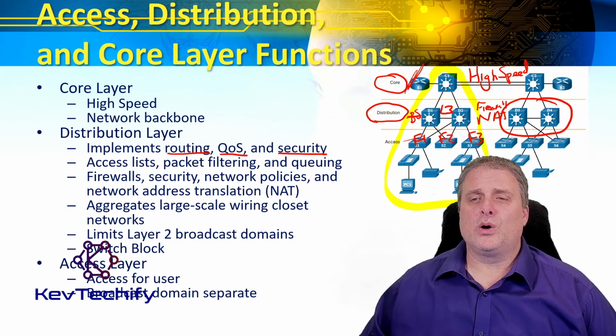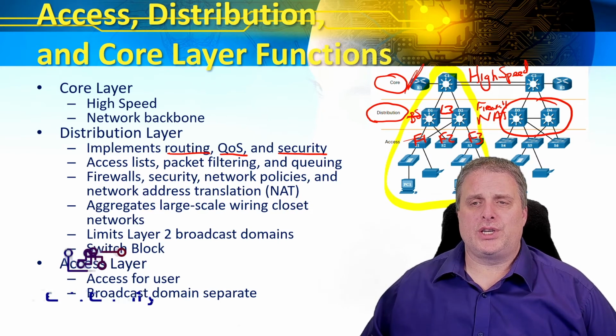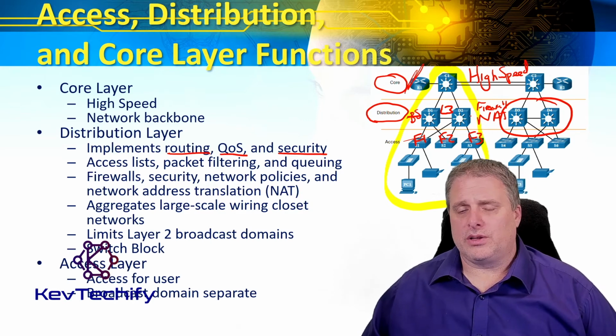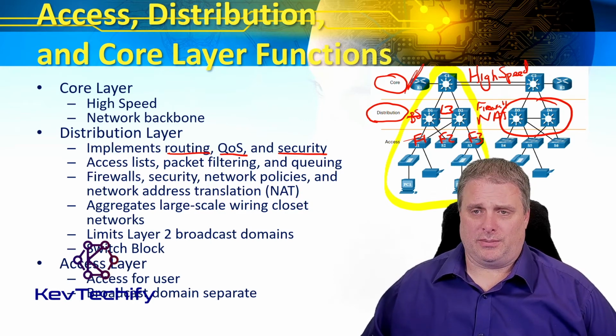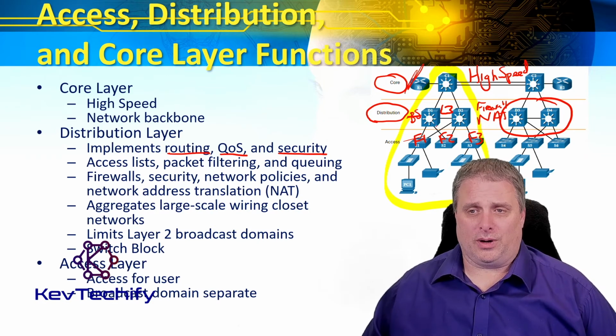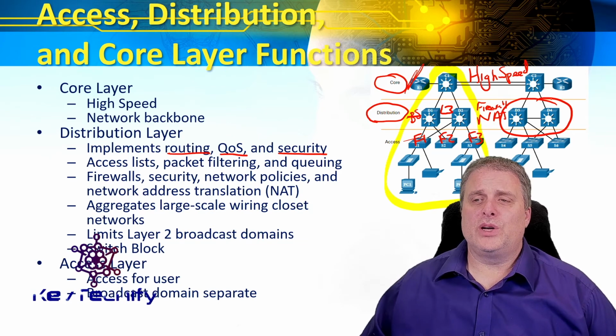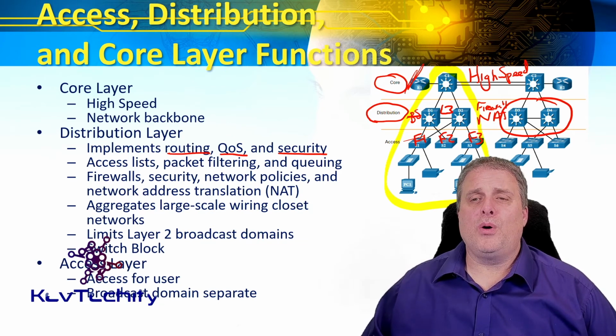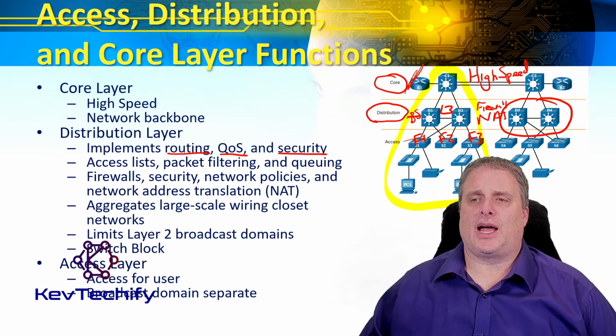These switches all go into a handful of switches, these layer 3 switches that do the routing, the quality of service, the security. They aggregate all these connections down into just a couple of connections that then transfer to the core.